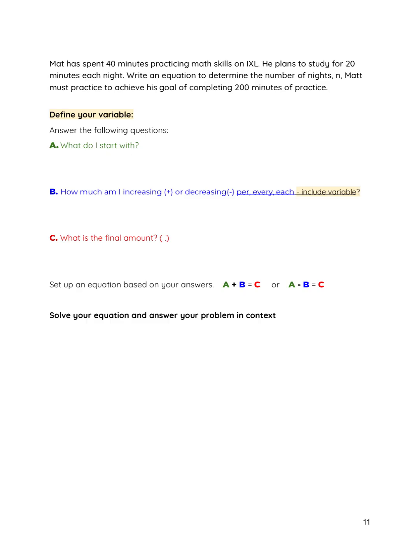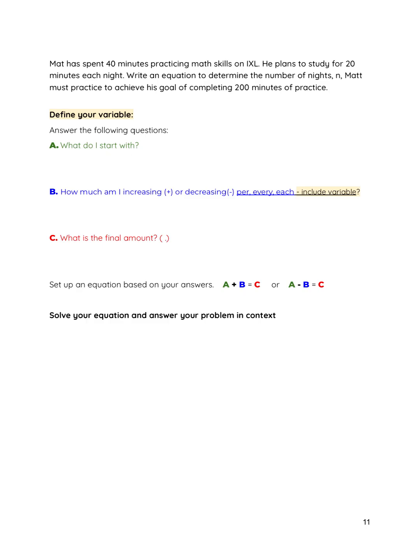Matt has spent 40 minutes practicing math skills on IXL. He plans to study for 20 minutes each night. Write an equation to determine the number of nights N Matt must practice to achieve his goal of completing 200 minutes of practice. So the first thing is we need to define our variable. Well, our variable is what we are trying to figure out. What don't we know?